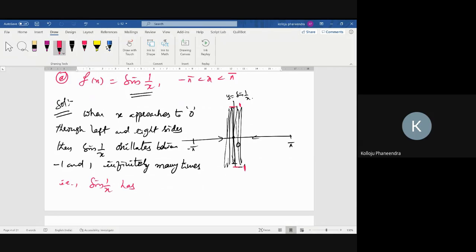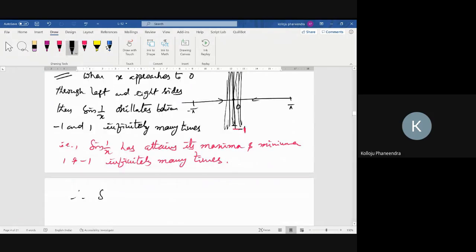Sine 1 by x attains its maxima and minima, 1 and minus 1, infinitely many times. Therefore, sine 1 by x has no Fourier series.